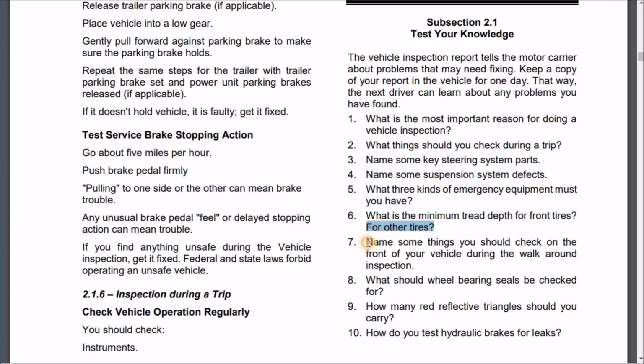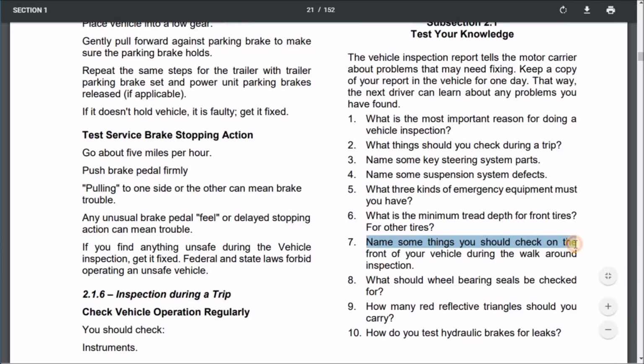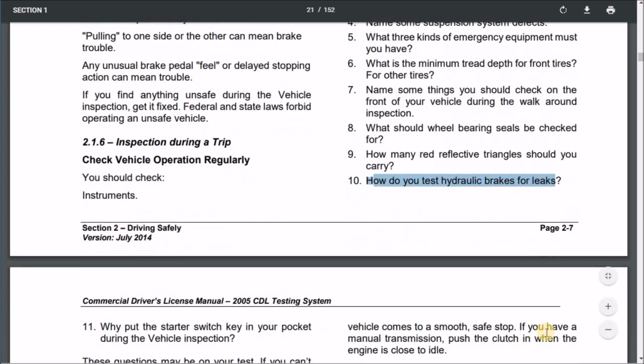For other tires? Name some things you should check on the front of your vehicle during a walk-around inspection. What should wheel bearing seals be checked for? How many red reflective triangles should you carry? How do you test hydraulic brakes for leaks?